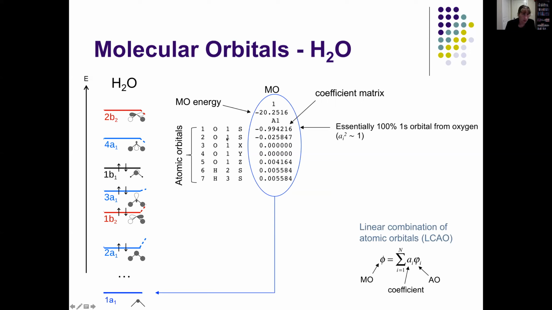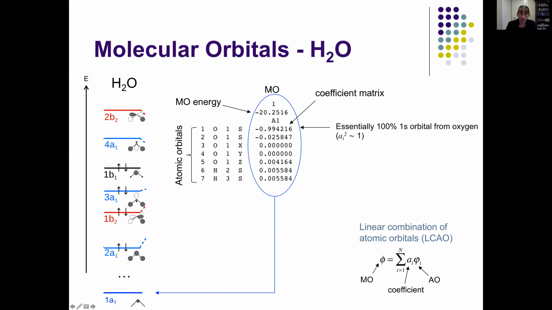Ignore those numbers a little bit; this is talking about atom number 1. But this is our 1s function, that's our 2s function, and this is a 2px, 2py, 2pz. We've got one of our hydrogen 1s functions and the other hydrogen 1s function. So these are our atomic orbitals.